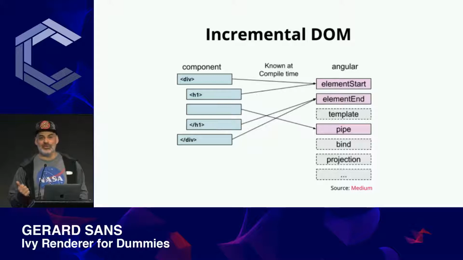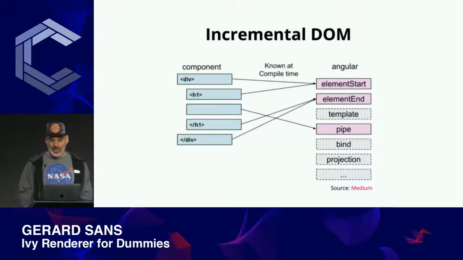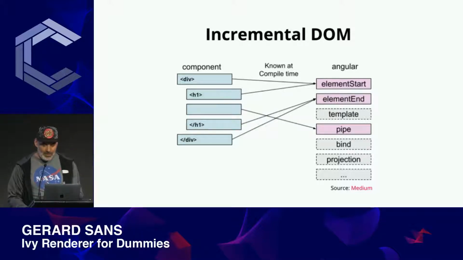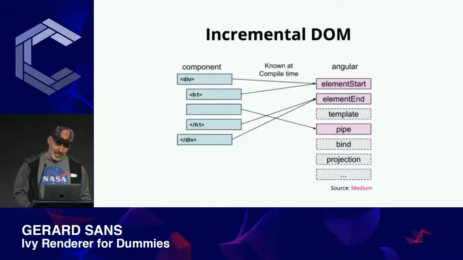I'm going to use that for the div. I'm going to use that for the H1. I need also element end that's going to render the end tag for those. There's also a pipe in this example, so I'm going to add that to the bundle, but everything else is not going to be in your bundle. So you're going to save that for every component in your application. So that's going to bring you the benefits.